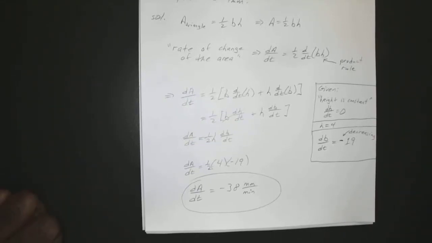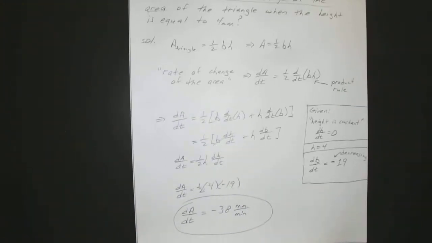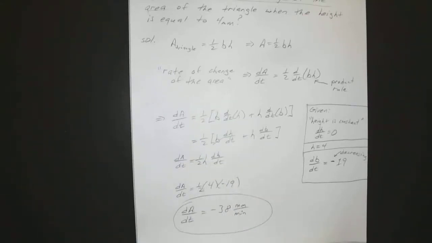All right. Any questions on that one? Okay. So you can see here that even though we ended up with an equation that had the base, because that disappeared, we didn't really need it. So.